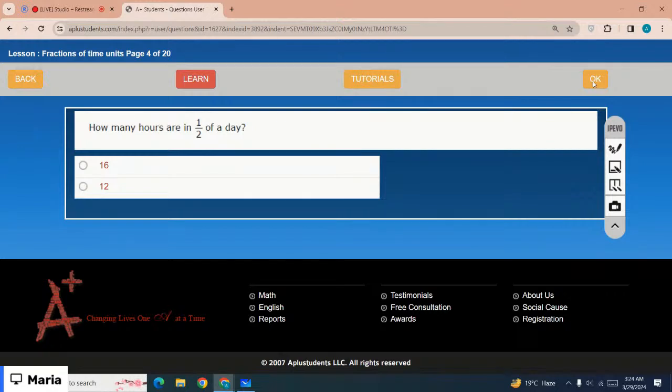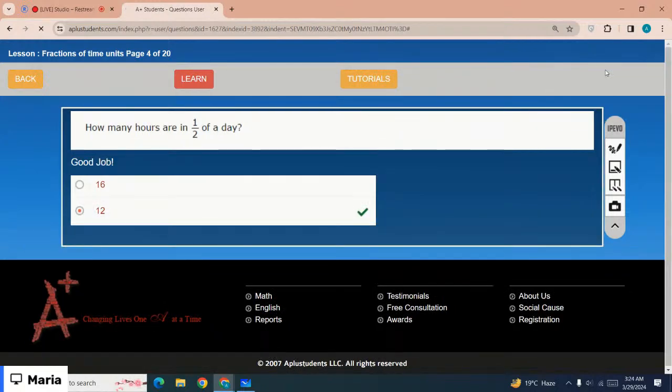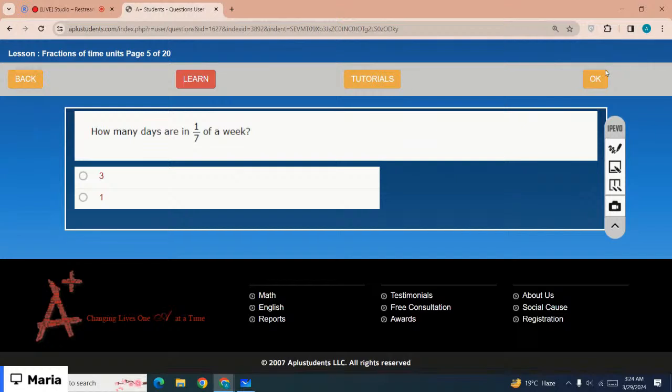Half of a day is 12 hours, right? Because one day you have 24 hours. So half of a day is 12 hours. The correct option is 12 hours. How many days are in 1/7 of a week? So which is the correct option?